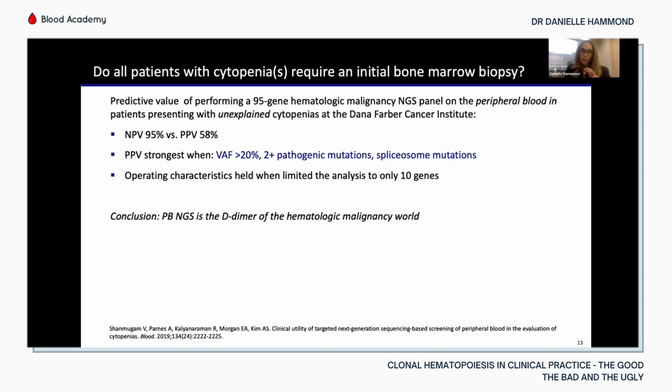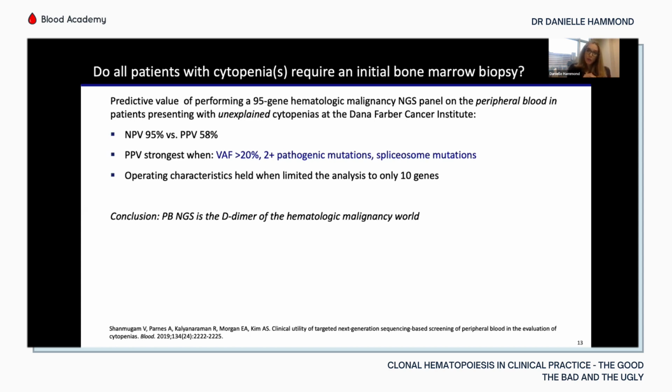And they then looked at, of these patients that had sequencing performed on the peripheral blood, what percentage of these patients went on to be found to have a bona fide hematologic malignancy, and whether that patient got a subsequent bone marrow or not was up to the practitioner, who was entirely blinded to the results of the peripheral blood next generation sequencing.